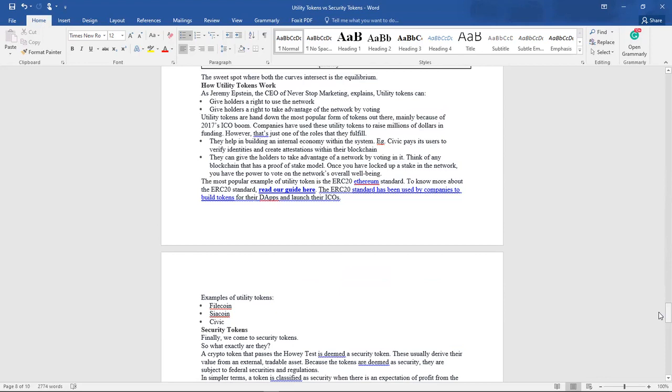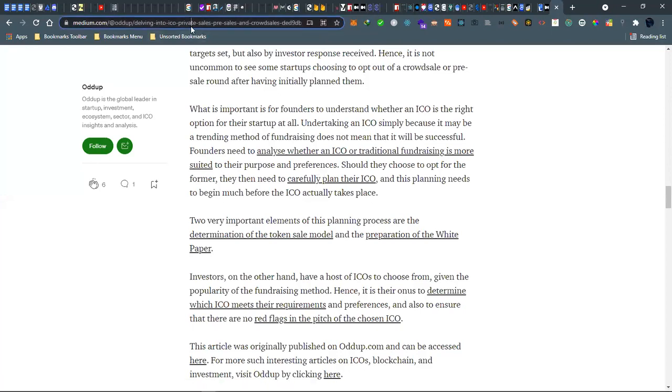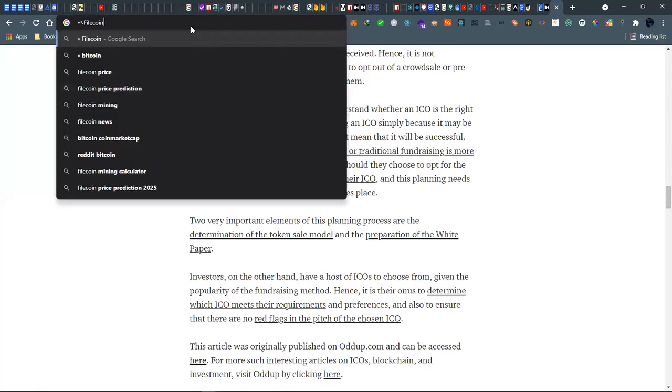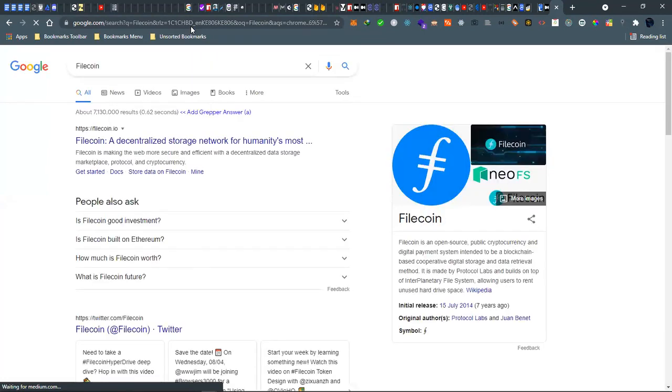We have some examples of utility tokens, and one is Filecoin. Filecoin is currently being used in Textile and IPFS.